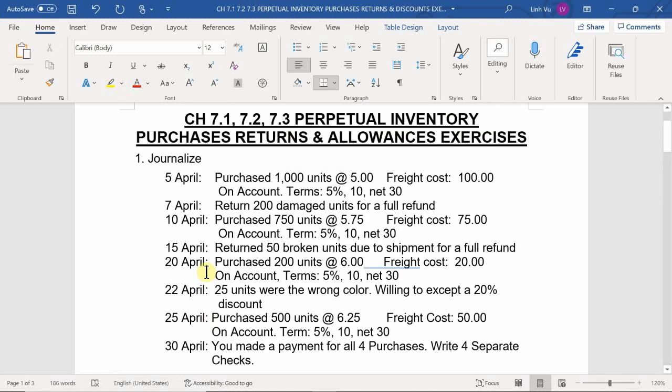So then April 15 rolls around and we end up returning 50 broken units due to shipment. However, we are going to get a full refund.